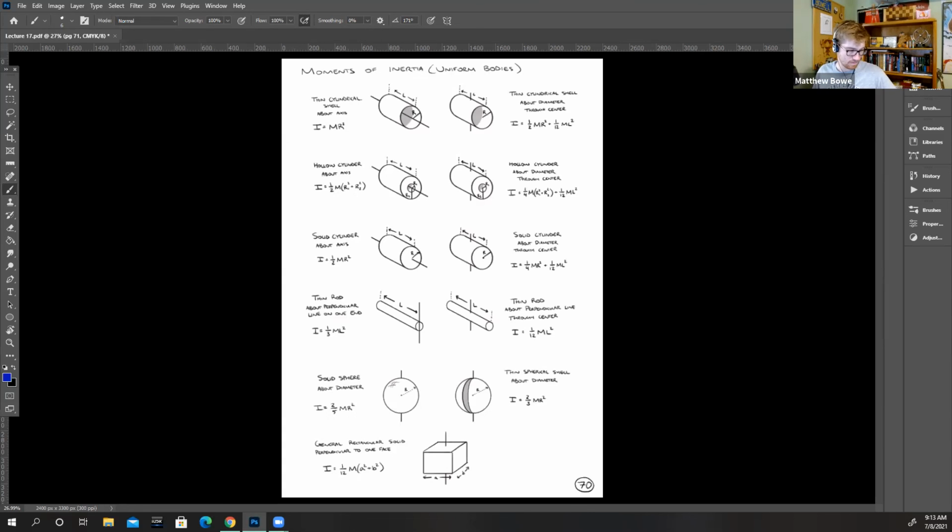We're definitely going to finish this chapter tomorrow. We'll move on to angular momentum, Chapter 10. We're going to get the homework updated to have some questions on rotation, for our upcoming quiz.